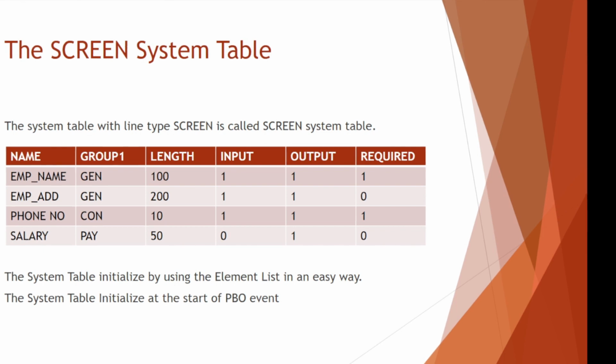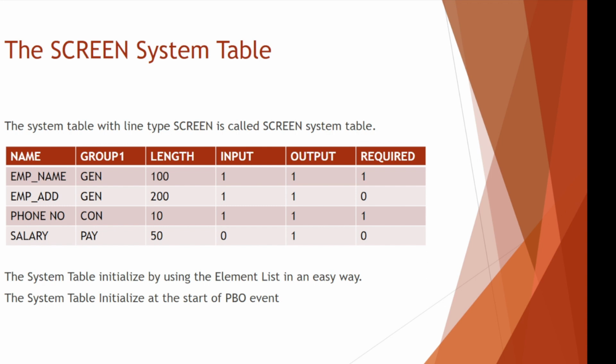So let's move on. We have three other fields in this example. The other field also lies in the same group, group 1, the phone number lies in the contact group, CON, and the salary field lies in the pay group 1.